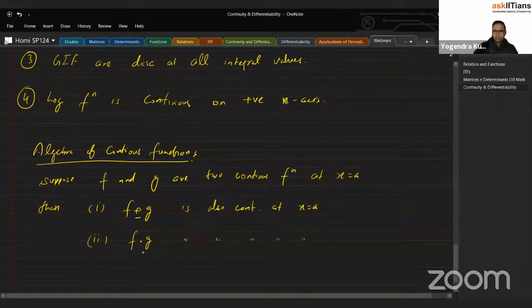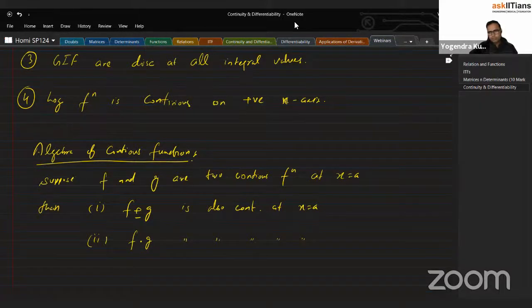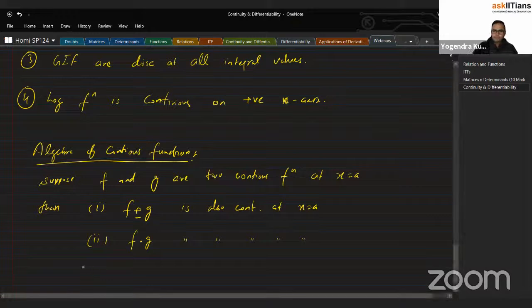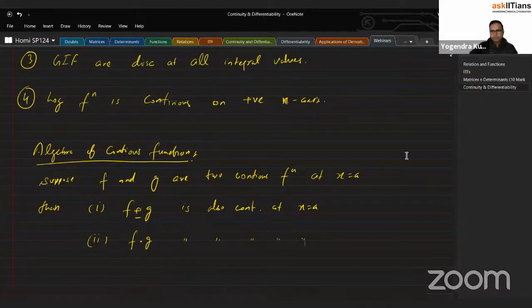Can we say always or not? Prithvi, any example? It will be continuous, right? Everyone is clear about it.